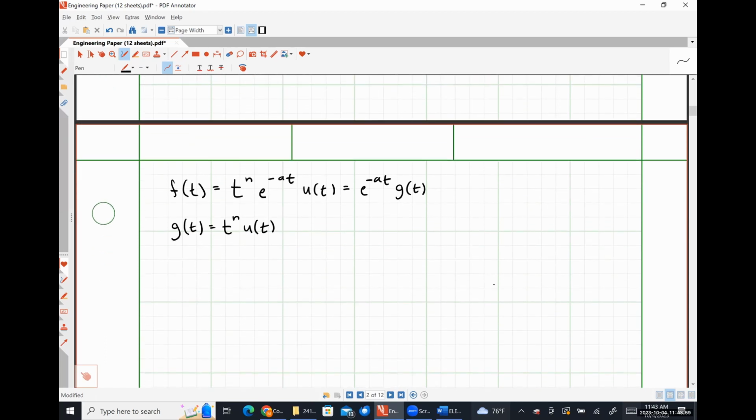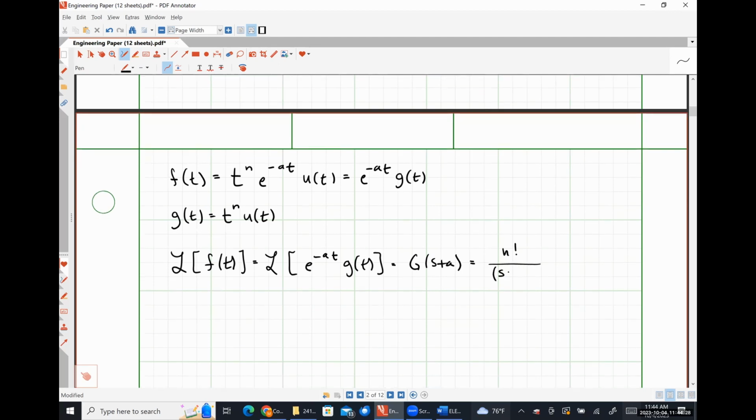So the Laplace transform of f of t is going to be the Laplace transform of e to the negative at g of t, which is just going to be g at s plus a, or n factorial over s plus a factorial. Sorry, I said time shifting, I meant frequency shifting. My apologies there. Frequency shifting property of the Laplace transform.